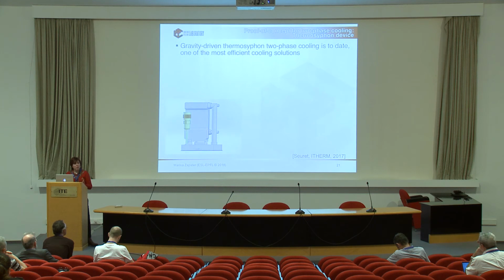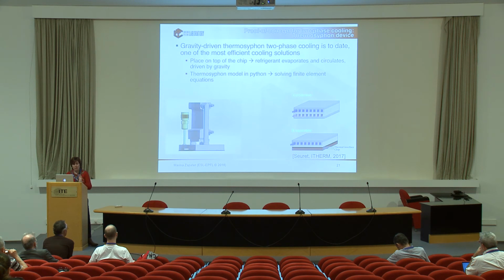As a proof of concept, we also validated this with a two-phase cooling device named the Thermosiphon. The Thermosiphon is this thing that you see here spinning. It is a two-phase cooling mechanism. You put it on top of any CPU, as long as it matches a certain power value, and then there's a flow in which a refrigerant evaporates and condenses by itself.